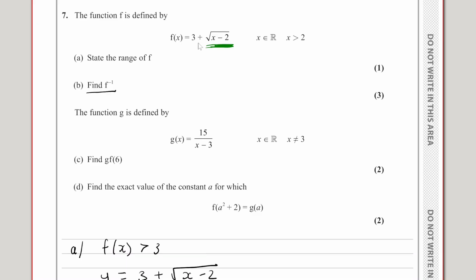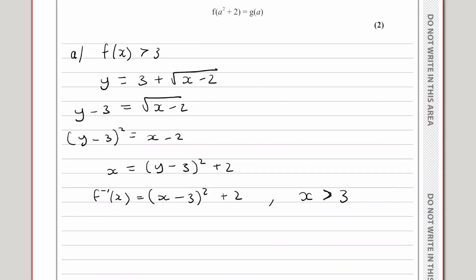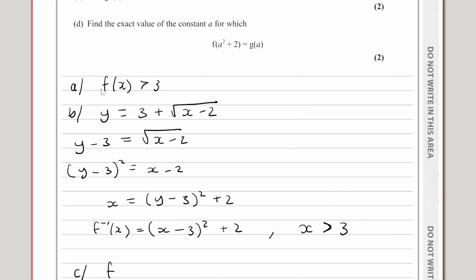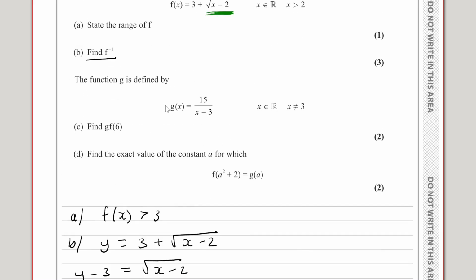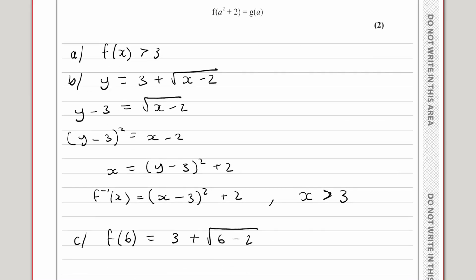So our f function was 3 plus the square root of x minus 2, and we're putting 6 into it. So 3 plus the square root of 6 minus 2.